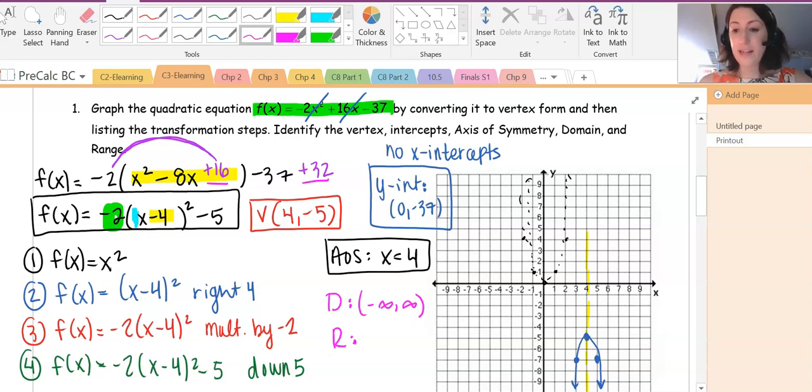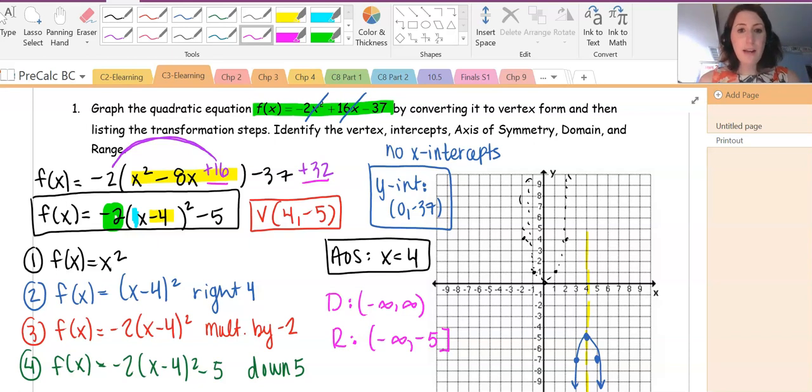And for my range, my highest value is up here at -5, and then it's going down into infinity. So I'm going to say this is from -infinity up to -5. I am going to use a bracket for that -5 because we are including that value. And then make sure when you use interval notation that you always put the smaller number first. So that's why the -infinity is coming before the -5.